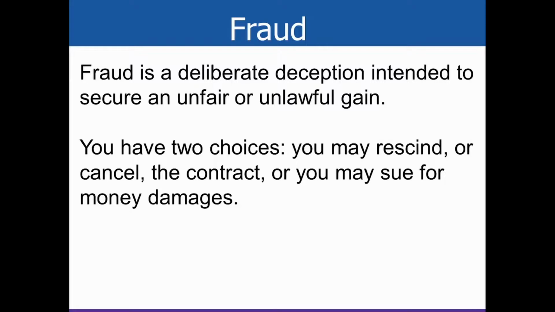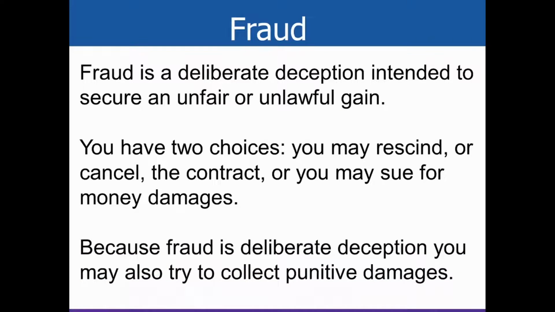I can rescind or cancel the contract, or I could sue for money damages. In this case, it doesn't really make sense; I wouldn't win any. Because fraud is deliberate deception, you may also try to collect punitive damages. I can say it hurt my ability to videotape my new YouTube show, so it delayed me and I was losing money because of that, and I should be compensated for that.